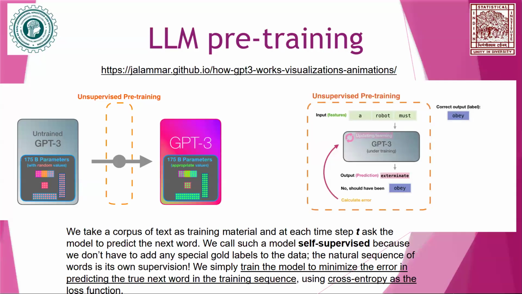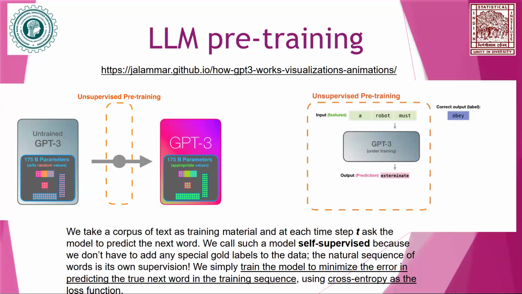And the system is such that the training process has kept that token, the word obey, aside, and it is trying to see whether the model is predicting the word obey or something else. For example, if it is predicting exterminate, it's just the opposite. So it is going back to the model training, saying that this is not the correct one.